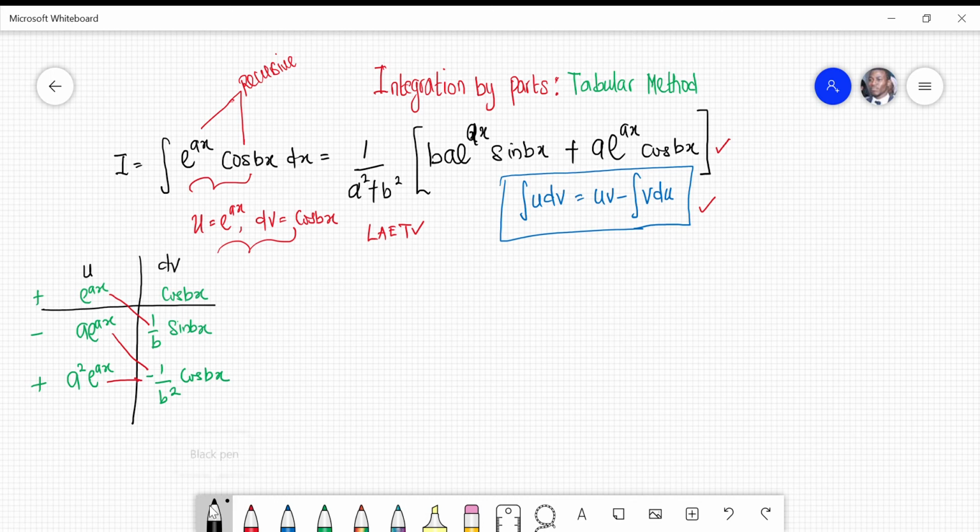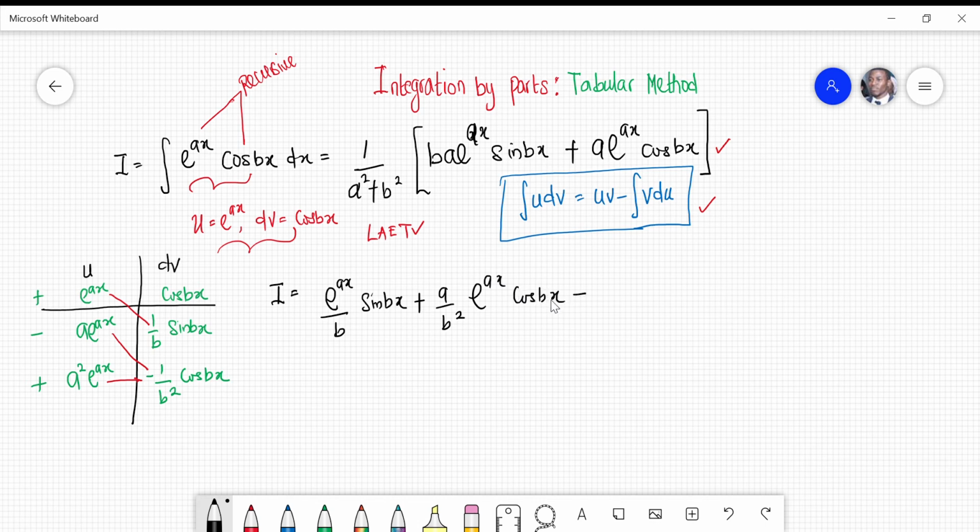So let's write that out. We have our integration, which is our I, equal to, so the first one is going to be e to the power of ax over b sine bx, right? Then the next one is going to be this. Don't forget the negative sign, they multiply each other, right? So we're going to have plus a over b squared e to the power of ax cos bx.